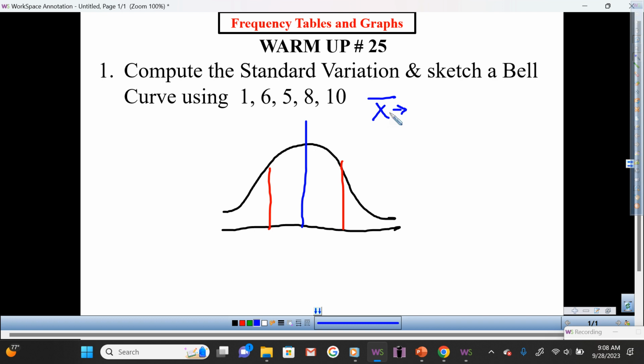What was it? 6? All right. Standard deviation, pass someone, Alexia.